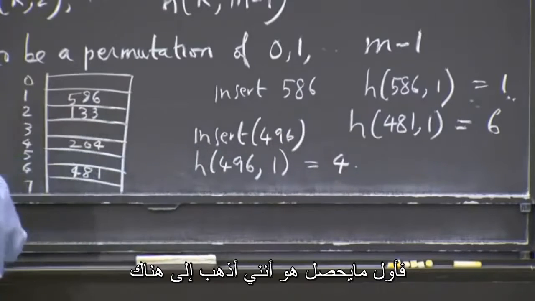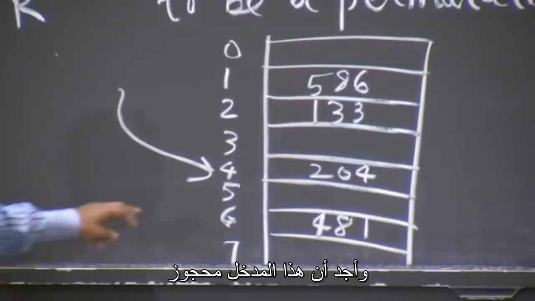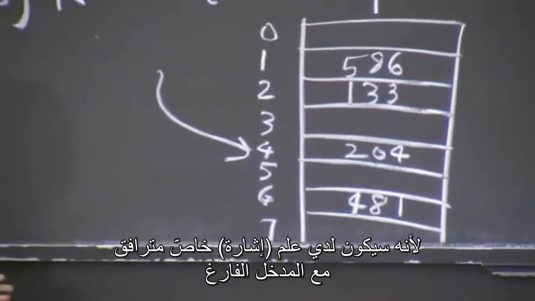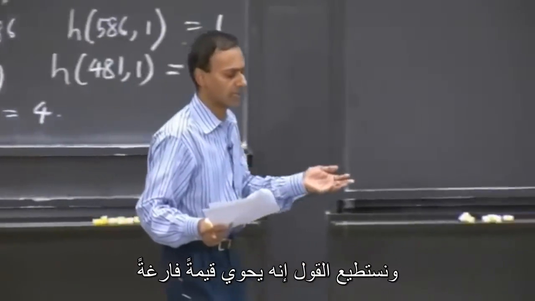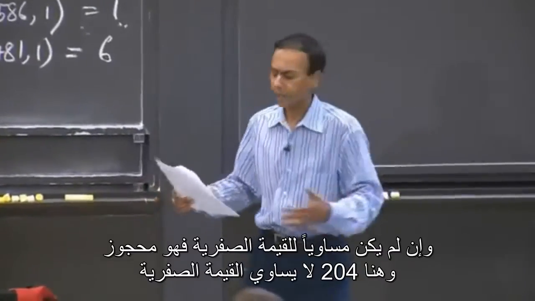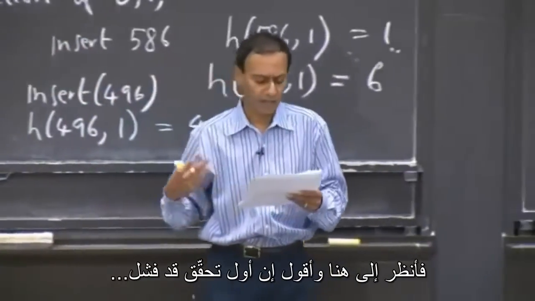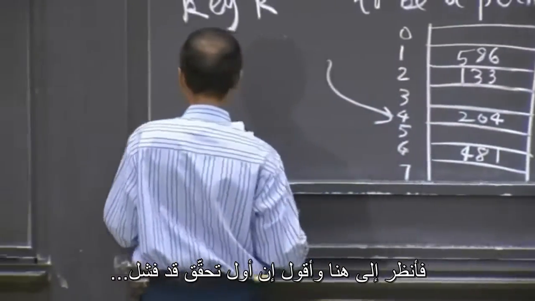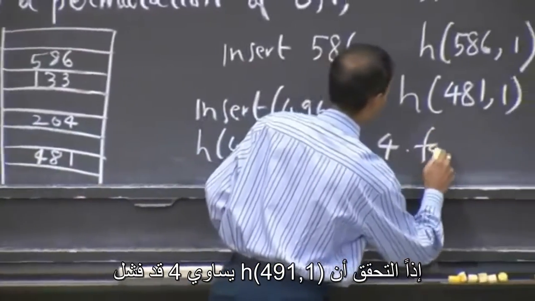So the first thing that happens is I go in here and I say, oops, this slot is occupied, because I'm going to have a special flag associated with an empty slot, and we can say it's none. If it's not none, then it's occupied, and 204 is not equal to none. So I say the first probe failed. So h496 1 equals 4 fails.